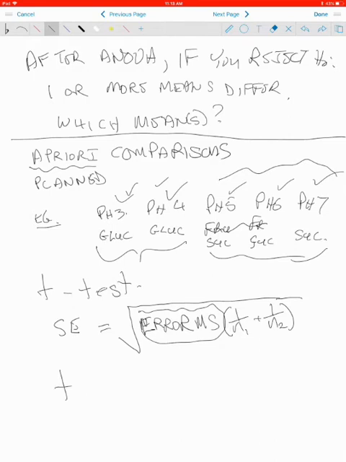And the t calculation is simply the difference in means: the mean for the guys grown in glucose minus the mean of the guys grown in sucrose. Calculate those means and divide by the standard error.